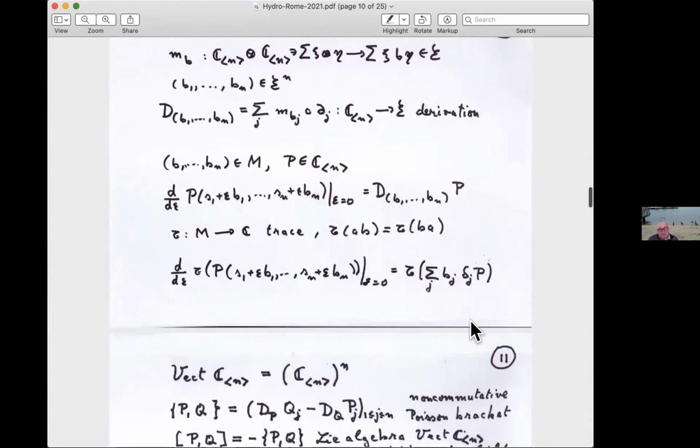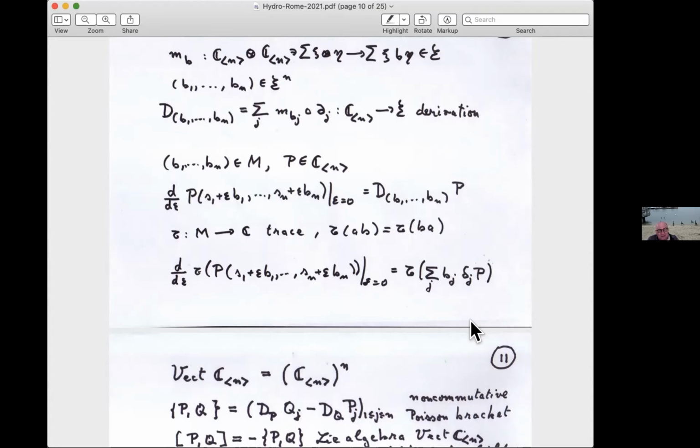The role of the cyclic derivative is when I do the same thing, but not with the polynomial, but with the trace of the polynomial. So I have on the algebra M where all this happens, I have a trace.